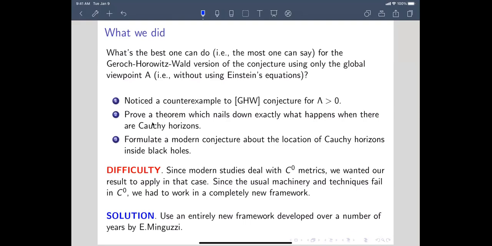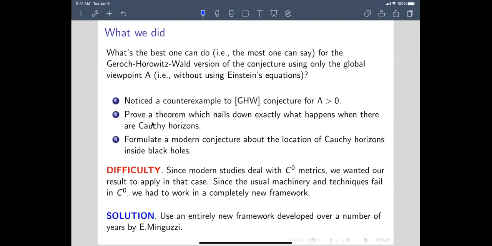And so Ettore and I spoke, and we started to try and prove the conjecture that was stated in Wald, right? And then we realized two things. First of all, the conjecture in Wald is false, because of what I showed you before, the lambda. Lambda is positive. You can find extensions of Reissner-Nordström where it's compact, etc. But then we realized that behind Wald's conjecture is another statement which is true.